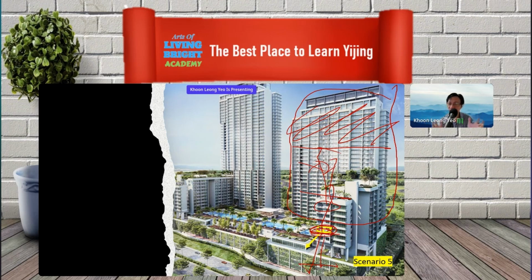Pressure, stress, but they will reward you well. Have you seen bosses like this? They will reward you well if you do well, but they squeeze you to the very last drop. Always on tenterhooks, very stressed. But for those who can take the stress, very good, you can climb very fast. But for those who can't, very soon you find the person will jump down. It's really up to the individual whether they can take the force.